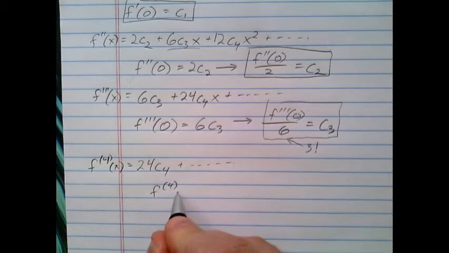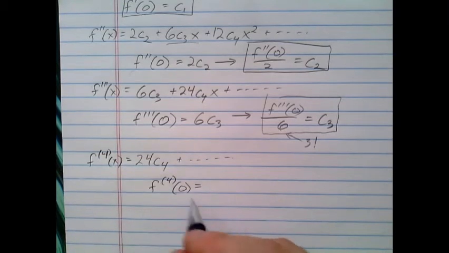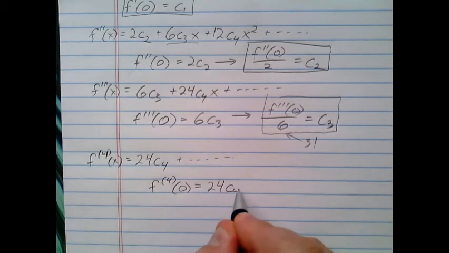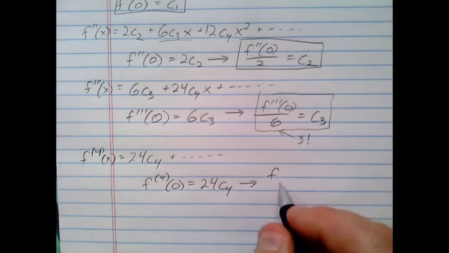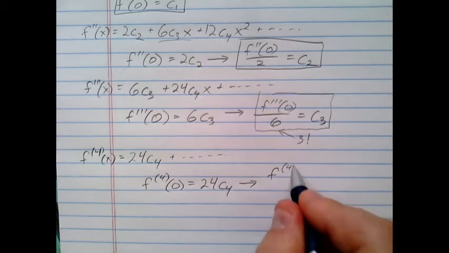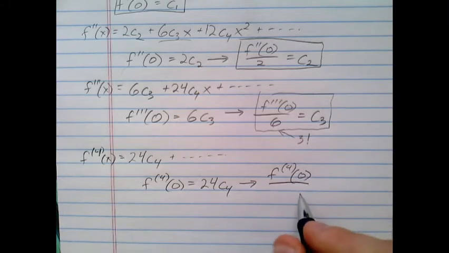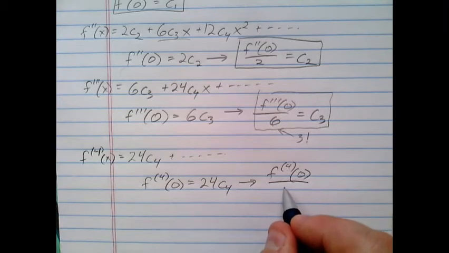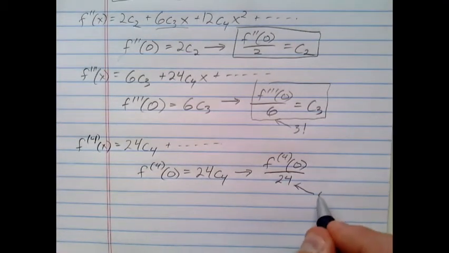But if I take my fourth derivative and I plug 0 in, everything's going to disappear except that very first term. Which means that if I want to get c4, I need to take the fourth derivative, plug in whatever x value I'm centering the series on, and then divide by 24. But 24, of course, is really 4 factorial.